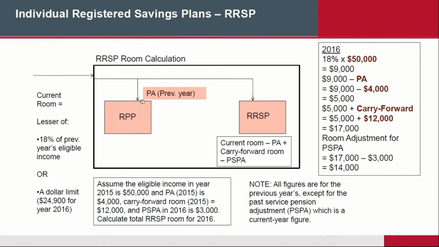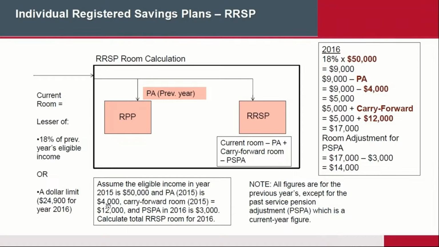Now, before we go to 2016, let's assume the eligible income in the year 2015 is $15,000. And the pension adjustment in 2015 is $4,000.